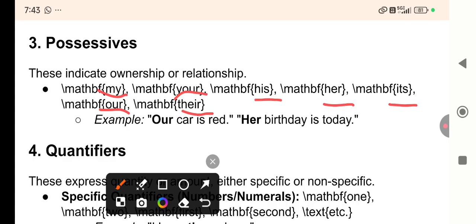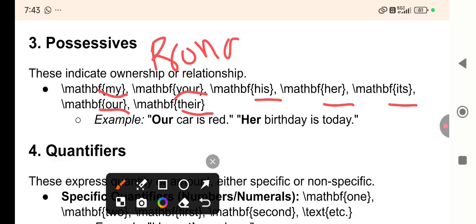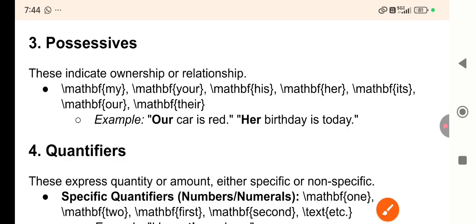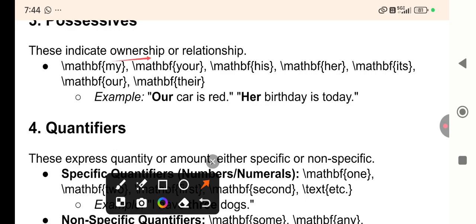These are the possessive pronouns, right? What are the possessive pronouns? These indicate ownership or relationship. Possession. These indicate possession, ownership or relationship.